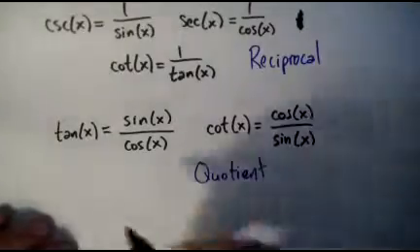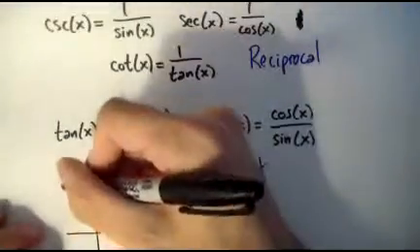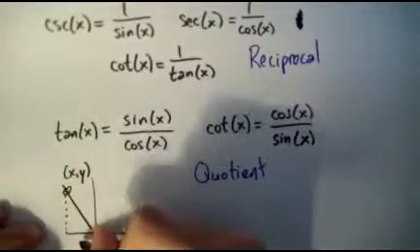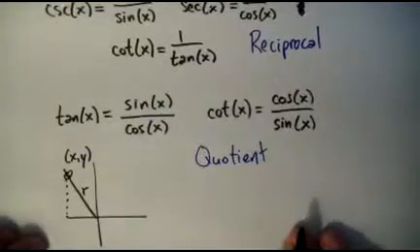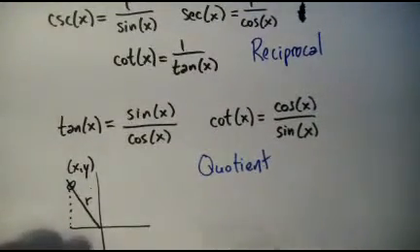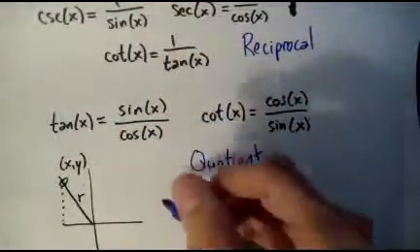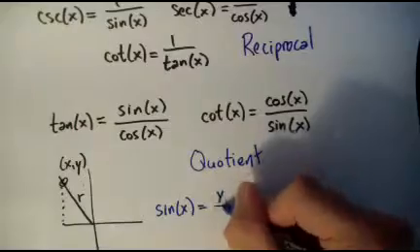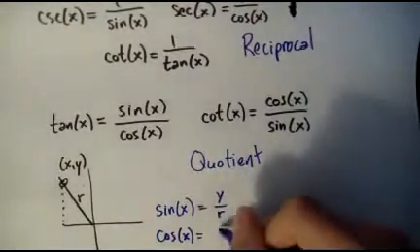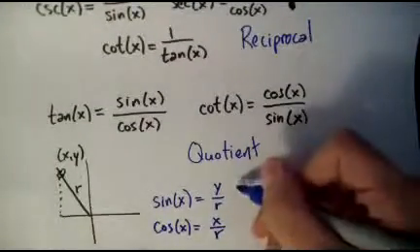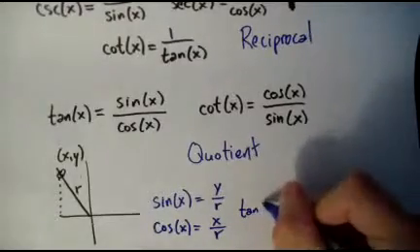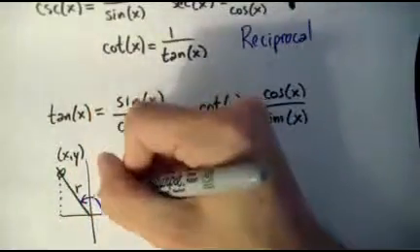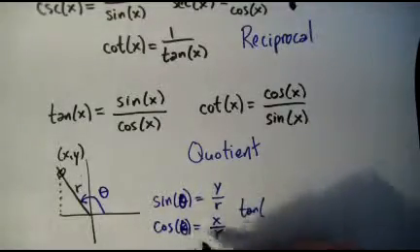So, for example, if we know that this is the point xy, and r is the radius, then we know that sine of theta is defined to be y over r, and cos of theta is x over r.